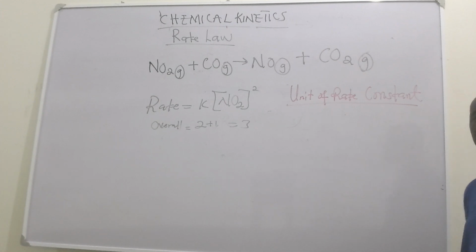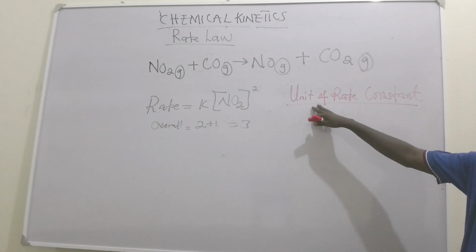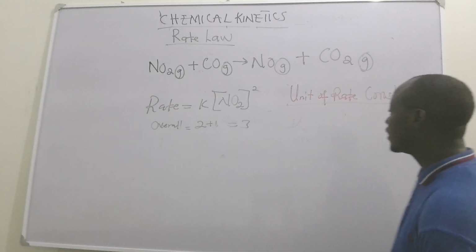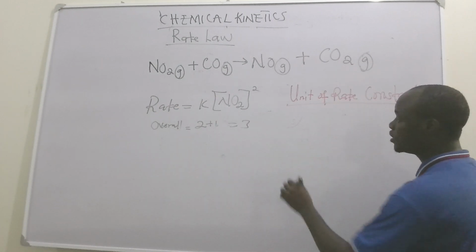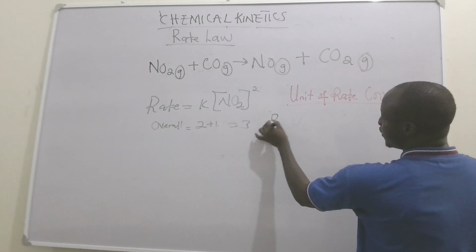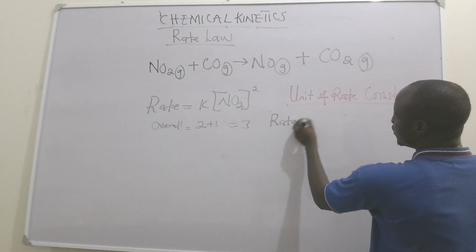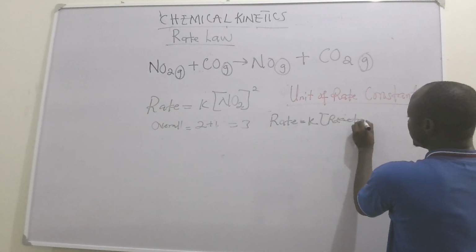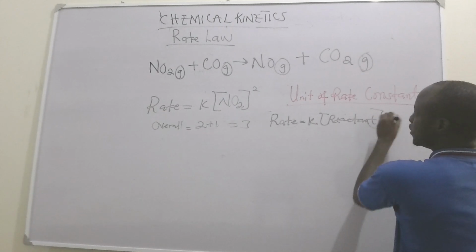So now we are going to look at the unit of the rate constant. And how are we going to get the unit of the rate constant? I think from here we can simply understand that rate is equal to k times the concentration of reactants.